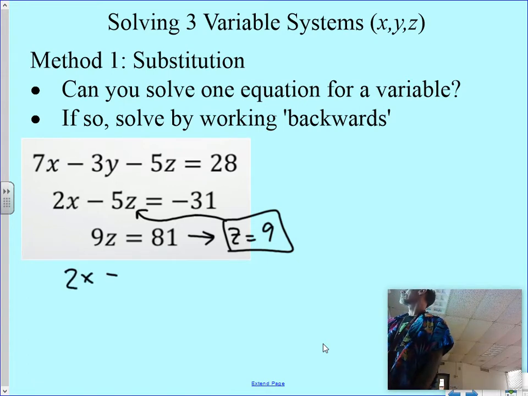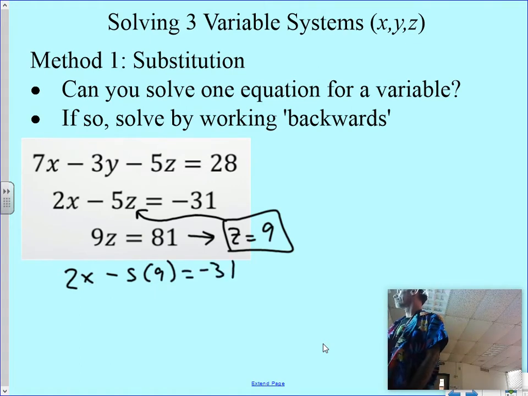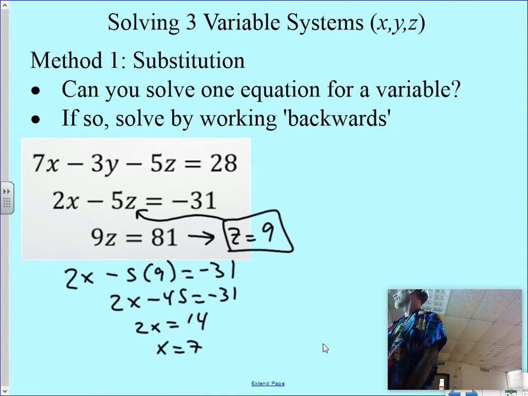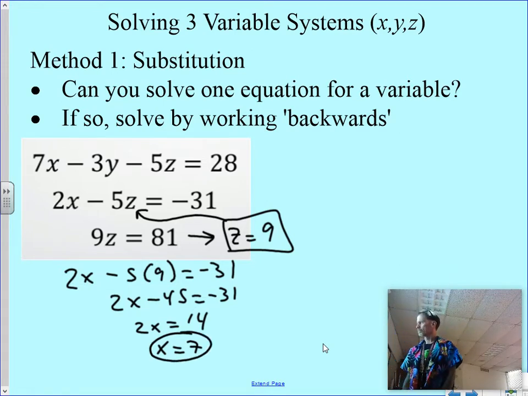So I get 2x minus 5 times 9 equals negative 31, and then you just do the algebra. So we got 2x minus 45 equals negative 31, add 45 to both sides, so you got 2x equals 14, and then divide by 2, so x equals 7, and now we got our x variable.